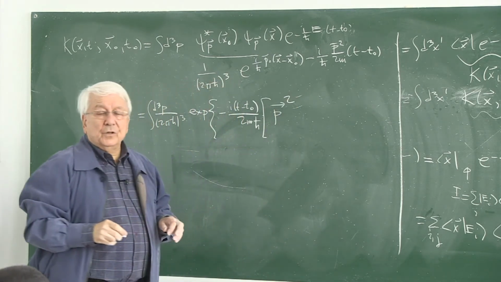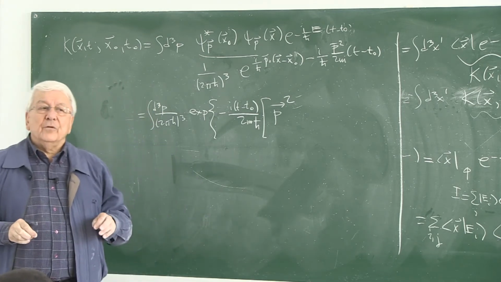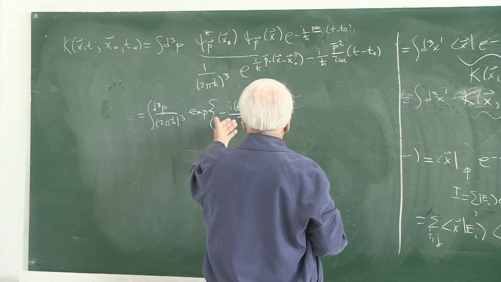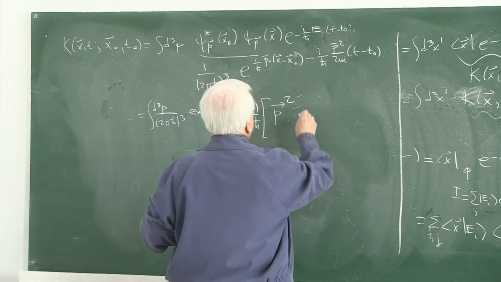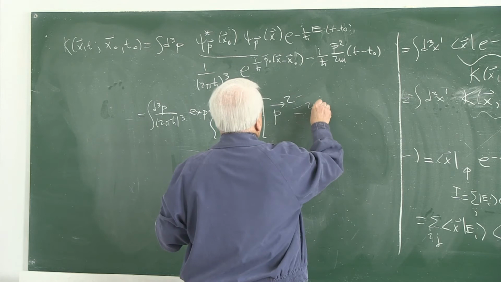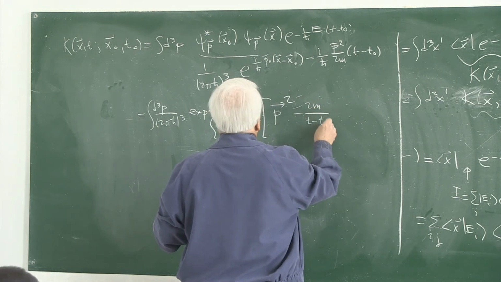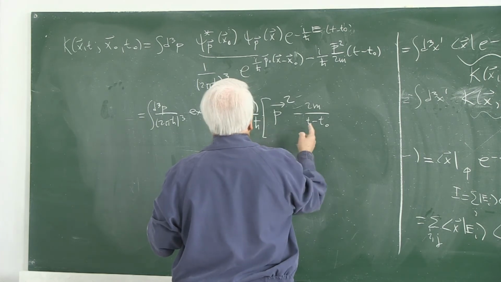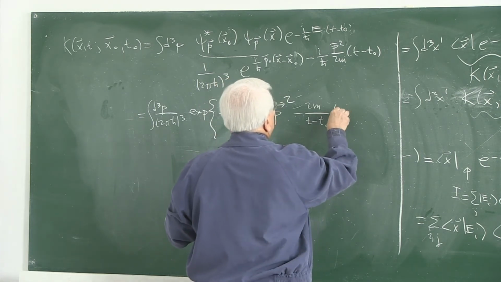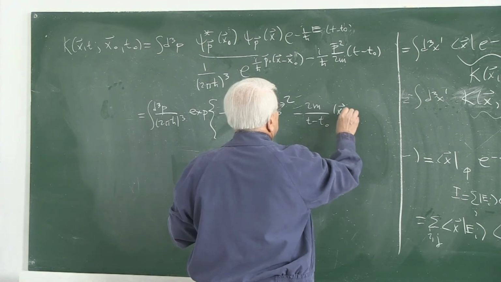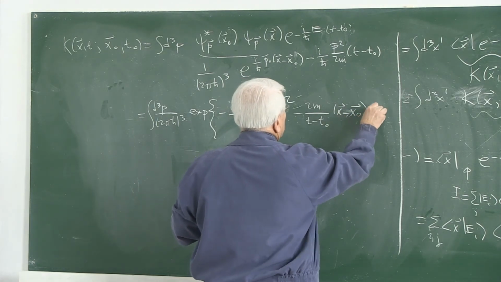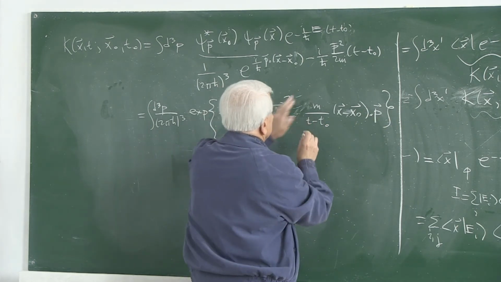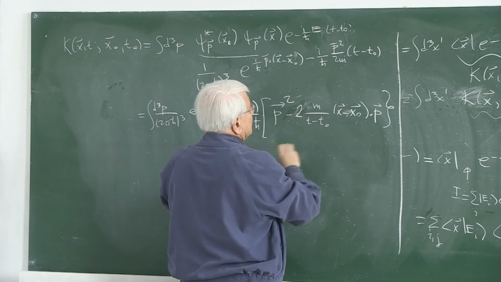I'm using the trick of completing the full square, right? You are by now quite familiar. So if you have to multiply with the inverse of this, so minus 2m over t minus t0, i over h bar is common, so there's no problem, (x minus x0) times p. For aesthetic reasons, let me write it as such.